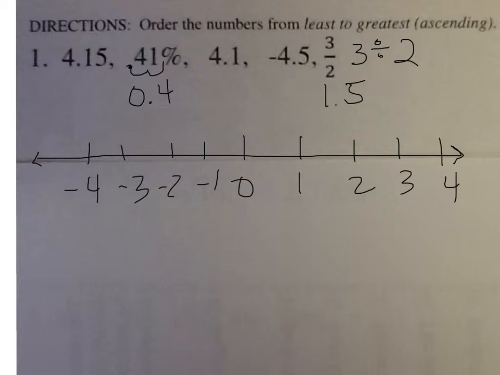4.15 is going to be just past 4. So there it is. And then 0.41 is going to be in between 0 and 1, kind of close to the halfway point, but not quite.